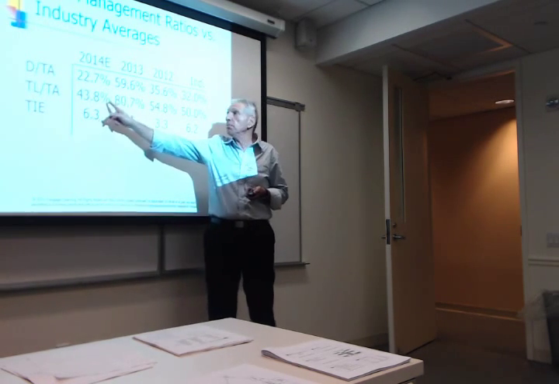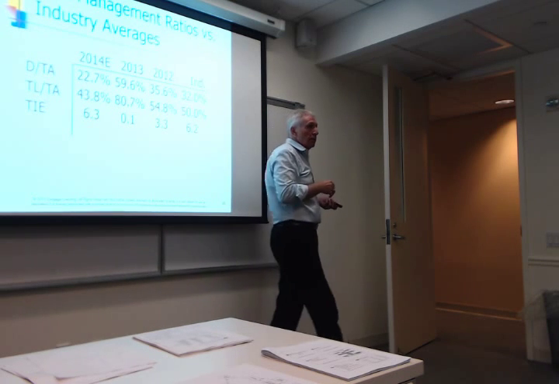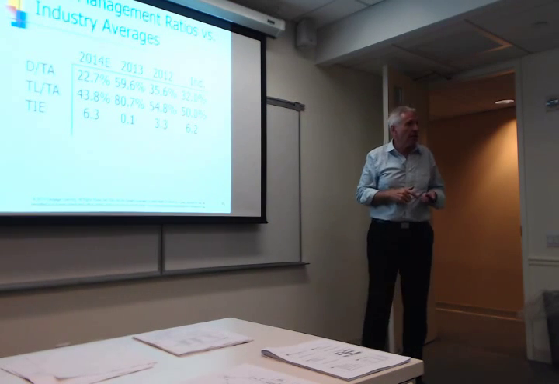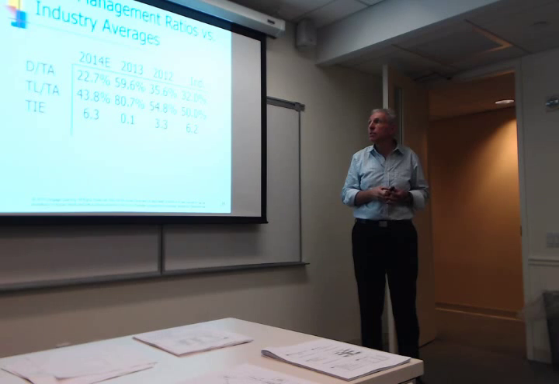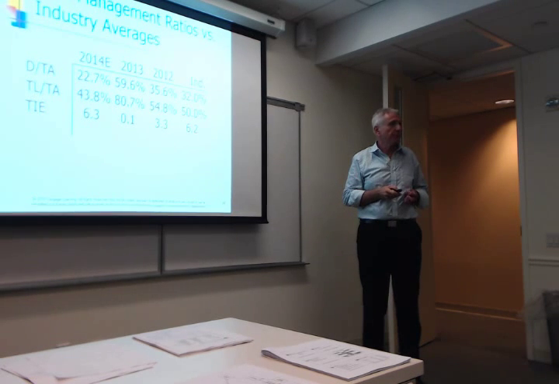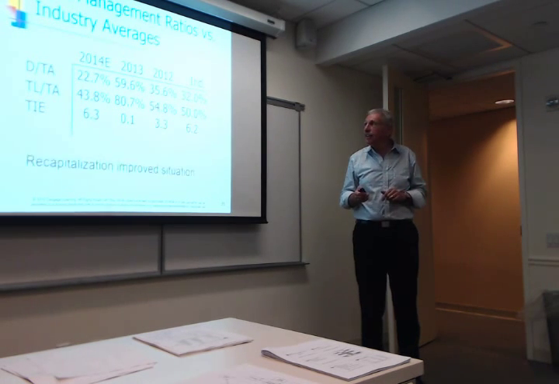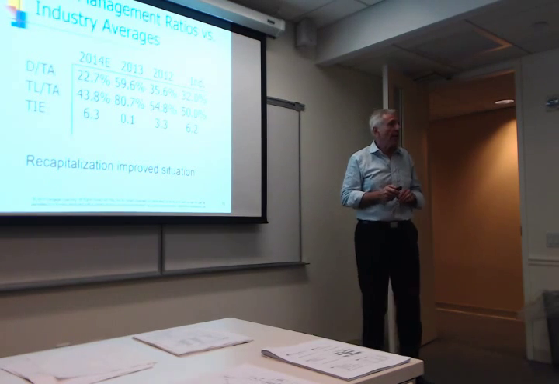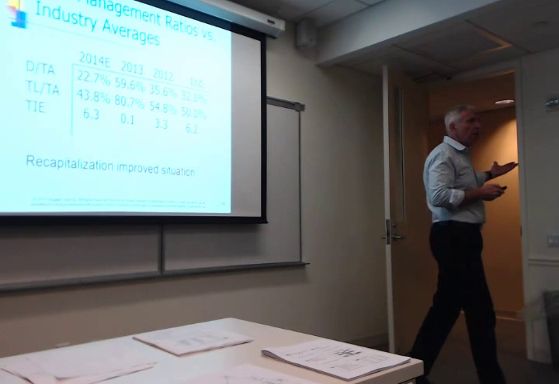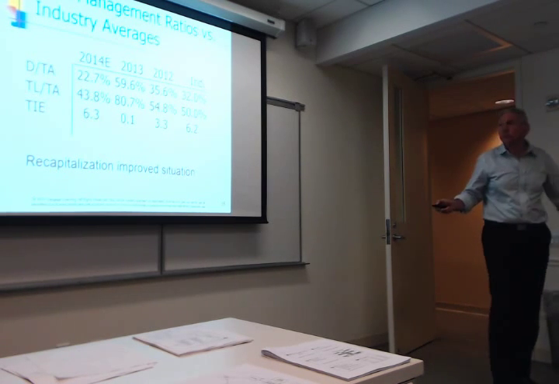And that's also having an impact on your total liabilities, because your debt is the key component of those total liabilities. So again, it's tying in. You can feel good. So recapitalization, and that's what we mean by we issued equity to reduce the debt.